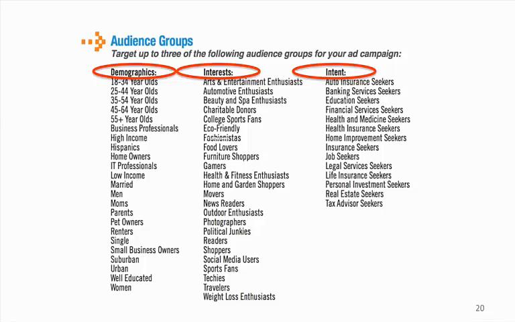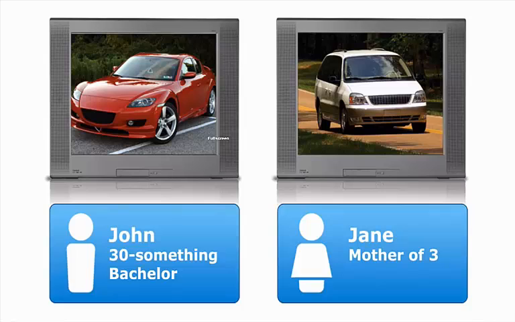So it really is amazing the degree of targeting that you can do to hone in your ads and make sure that you're spending your money on the exact audience that you're going after. Just as an example, if I was a local auto dealer, I've got my cool red sports car on the left, I've got my minivan on the right.